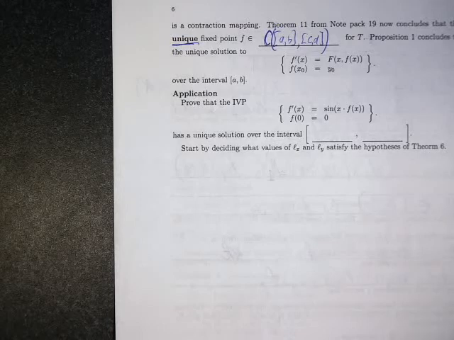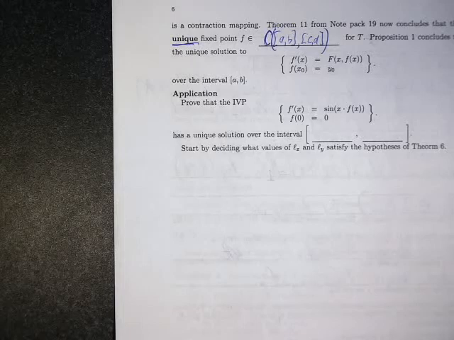It's its own derivative. It solves the differential equation f prime is equal to f, and e to the 0 is 1. I bet you could use this theorem to prove that such a function exists. And then you would just say e to the x is by definition that function.